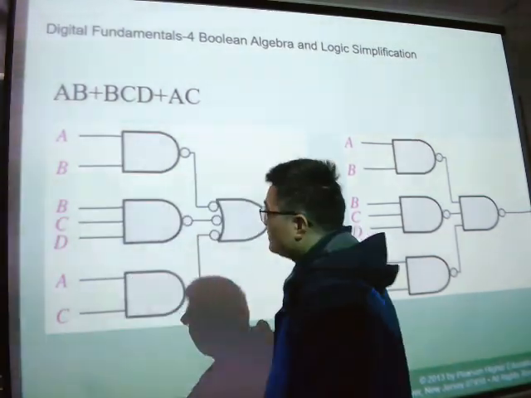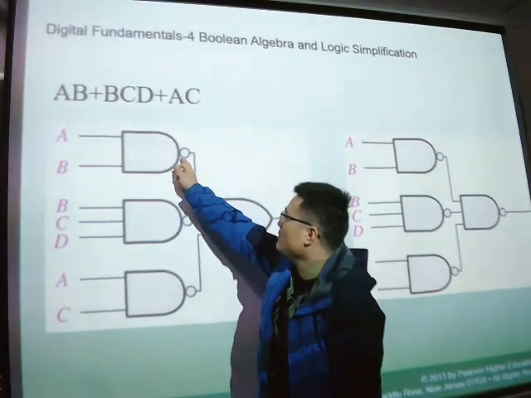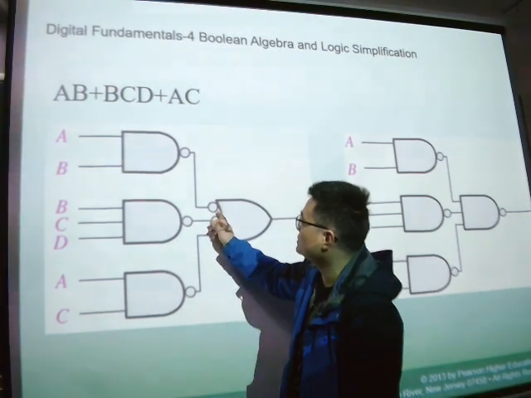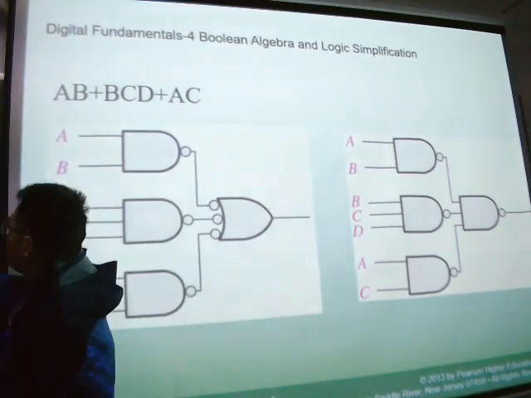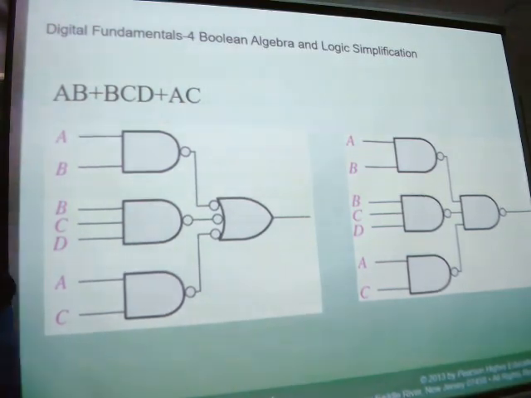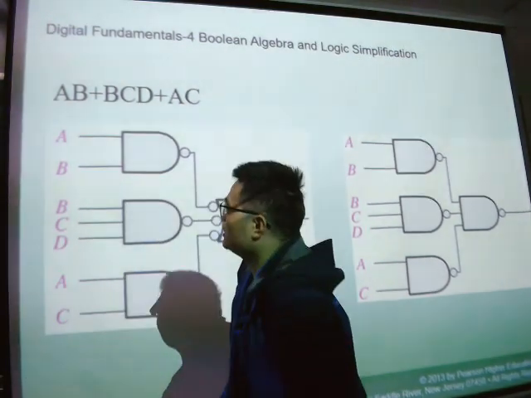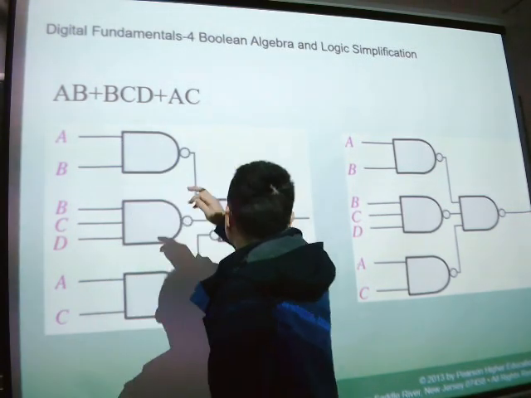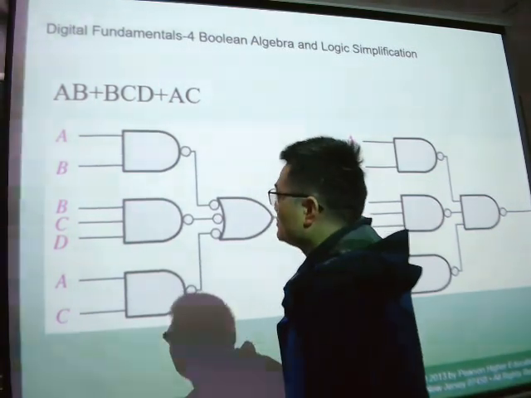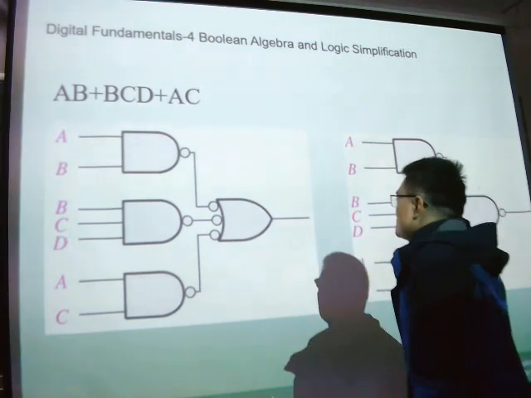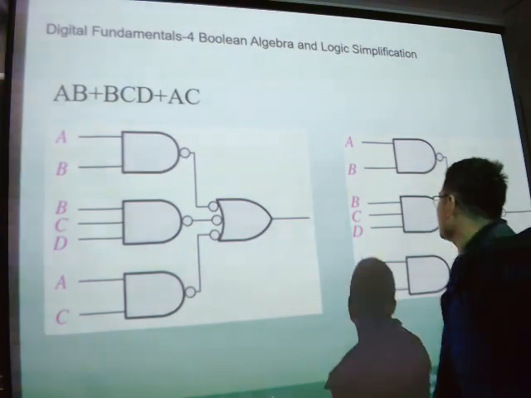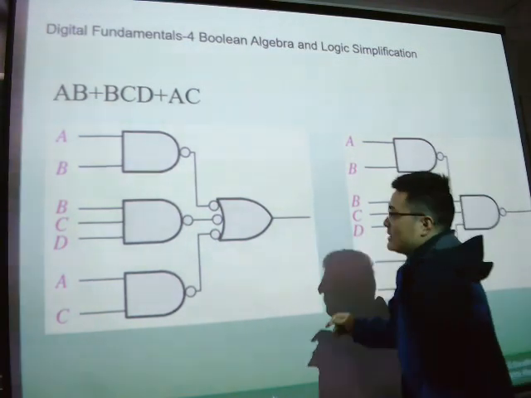Because this is an inverter, this is also an inverter, so there must be double bars. So AB plus BCD, double bar. So it is equivalent to this. But this one is not right.